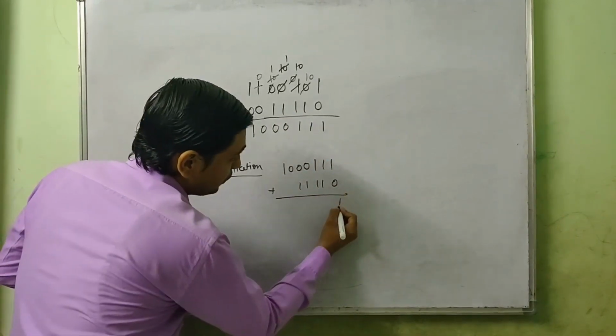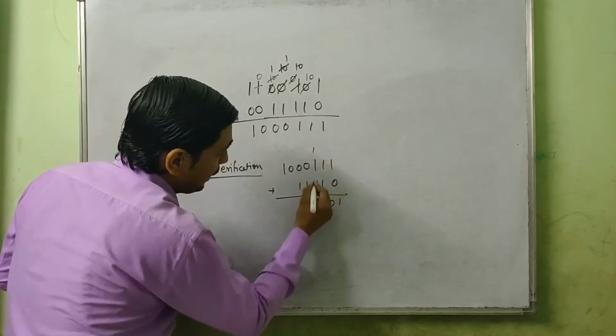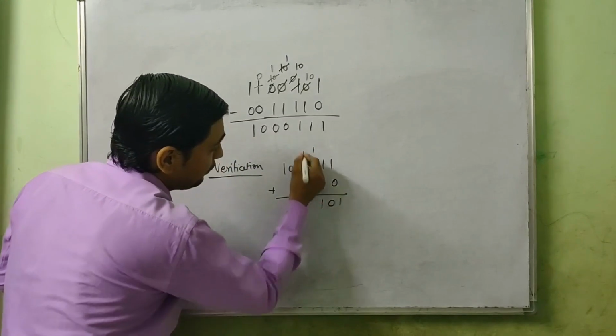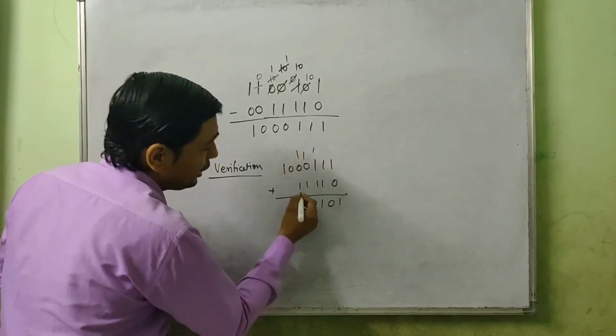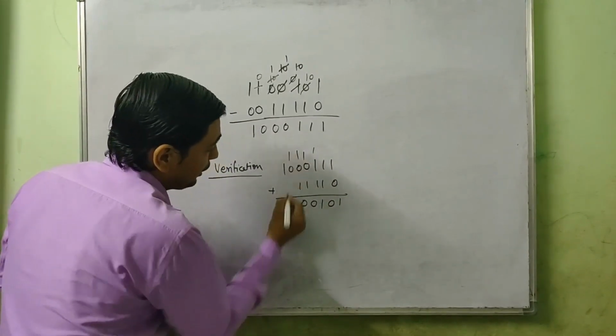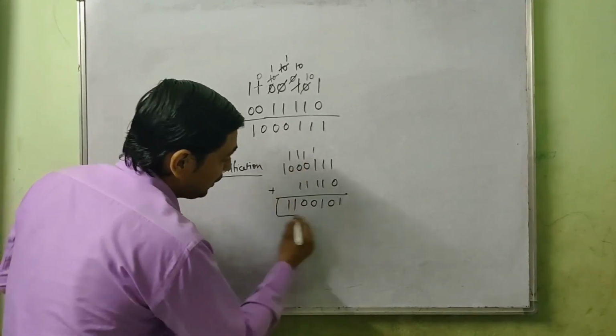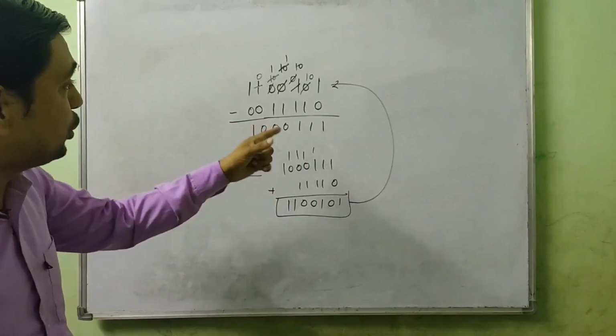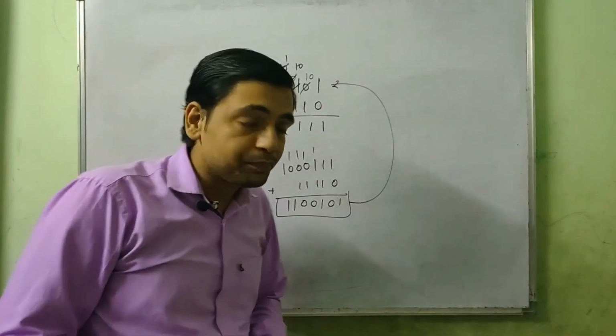So 1 plus 0 is 1, 1 plus 1 is 0 and 1 carry, 1 plus 1 is 10, 10 plus 1 is 11, 1 and 1 carry, 1 plus 1 is 10, 0 and 1 carry, 1 plus 1 is 10, 0 and 1 carry, 11. So this should be the first number. Let's check: is the first number 1100101? Yes, it's the first number, so it is correct.